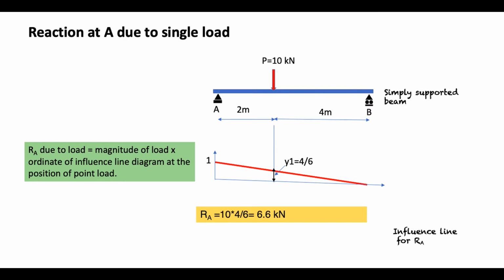Let's look at an example on how we can get influence line of RA for this simple support beam AB, which is sustain point load P 10 kN at 2 meter away from support A, and we have understand that the influence line of RA has the value of 1 unit at A and diminish linearly towards support B, and from here we can get the ordinate at any point on the influence line.